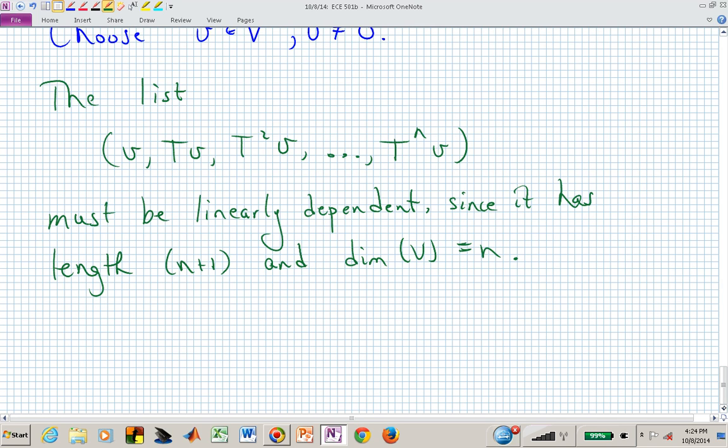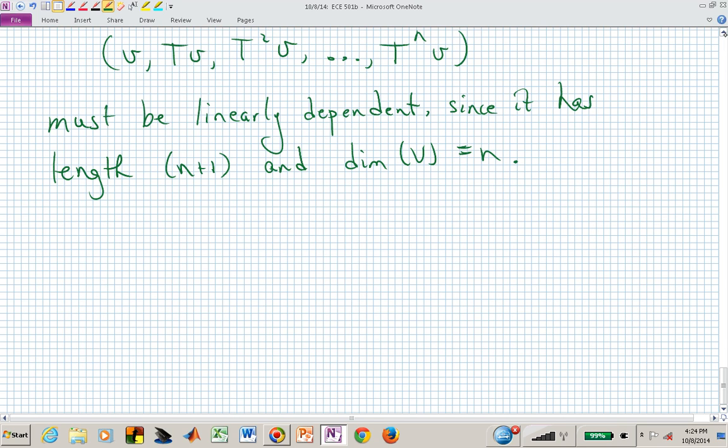If we have linearly dependent vectors, we can combine them with some scalars to make the 0 vector, where some of those scalars are non-zero.